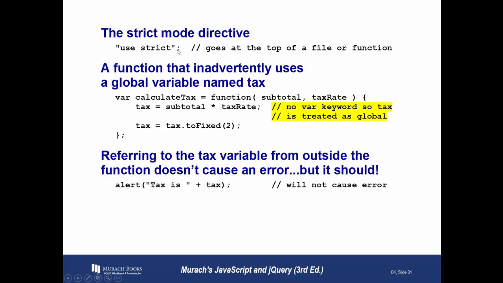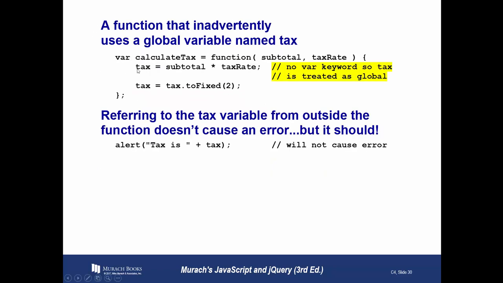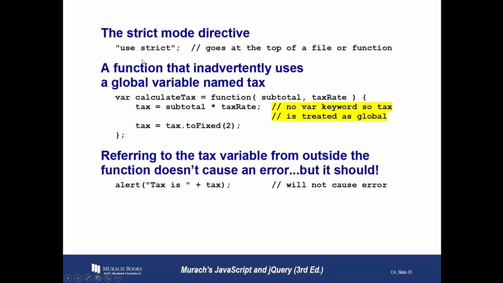What that does is it forces the JavaScript interpreter to be much more strict in the way it looks at things. So we looked at that here and we said, if you accidentally leave the word var off inside of a function, then the variable that you don't put var on automatically becomes global, so it can be used outside of a function. But if you put use strict at the top and you try to do that, it doesn't allow you to.